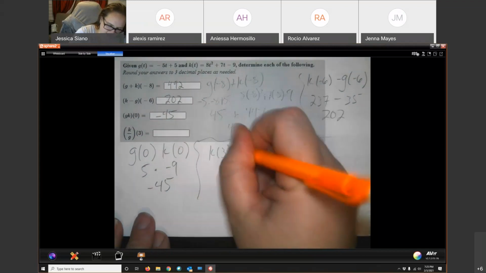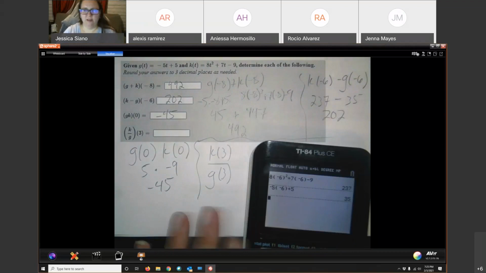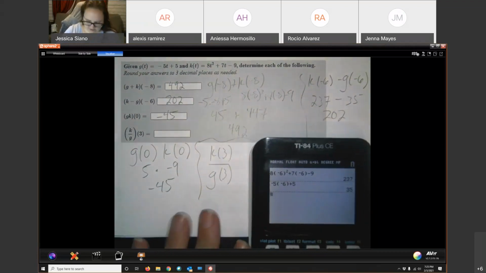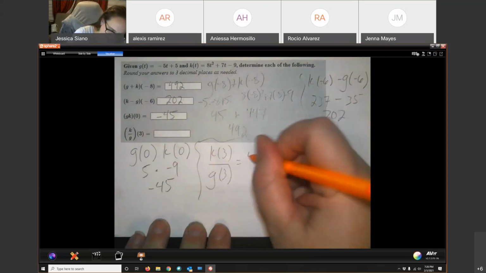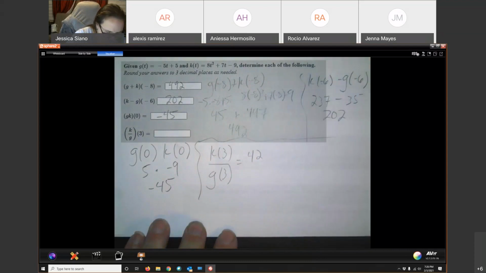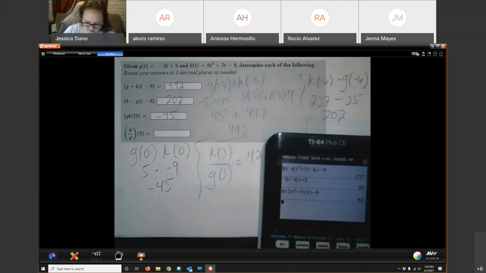And then k of 3 divided by g of 3. 8 times 3 squared minus 7 times 3 minus 9. So that's 42. And then negative 5 times 3 plus 5.